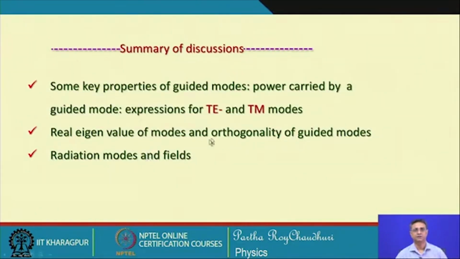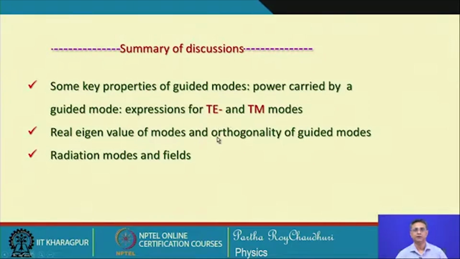In this discussion we have covered the power carried by the guided modes. We calculated it for the TE modes of a slab waveguide, for symmetric and antisymmetric field distributions. If we carry out a similar calculation for TM modes, we can also determine the power flow for the TM case.